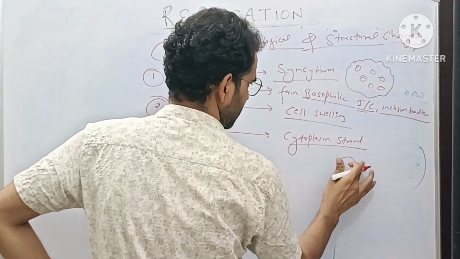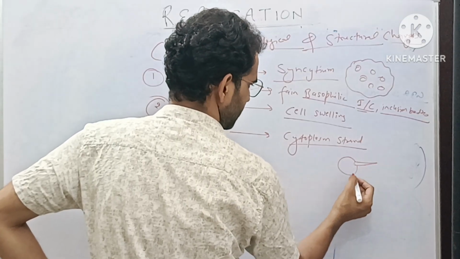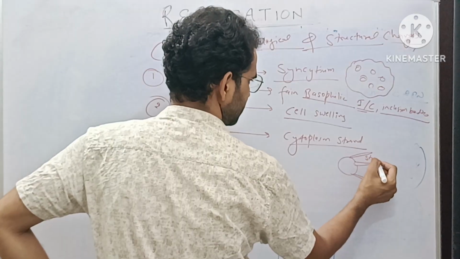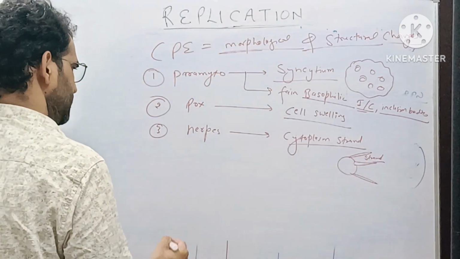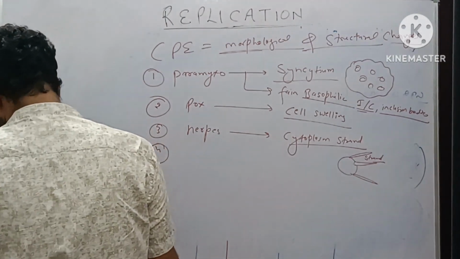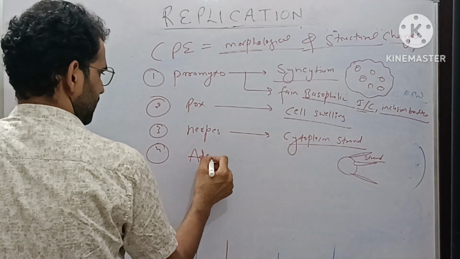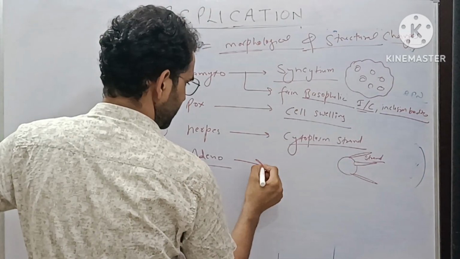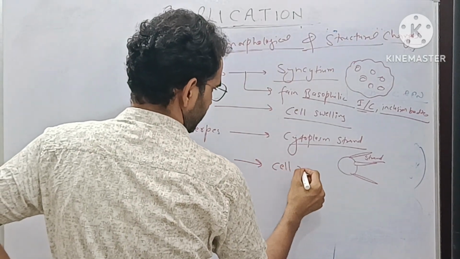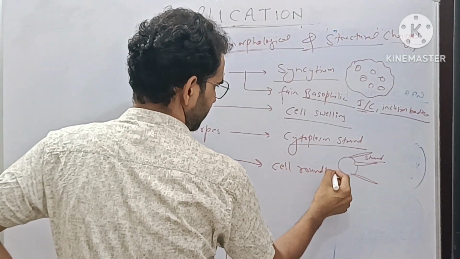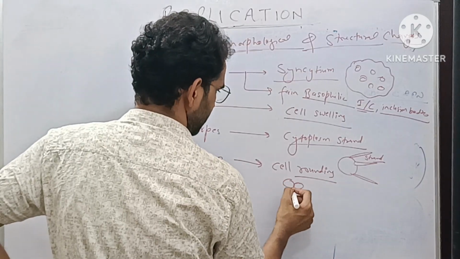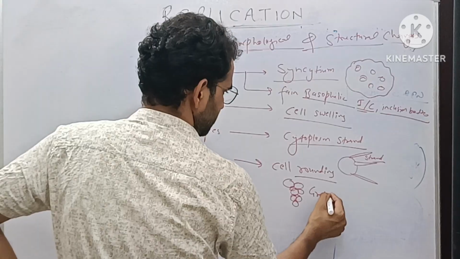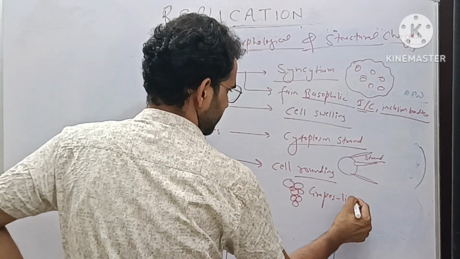If this is the cell, then cytoplasm will go out like a strand. Number four is adenoviruses. Here cells become enlarged, rounded, and like grapes, so a grapes-like appearance.